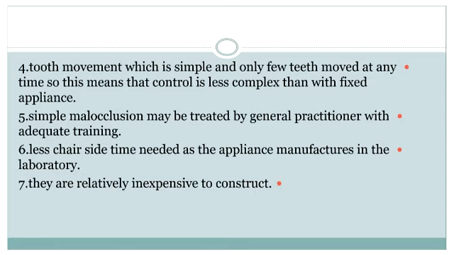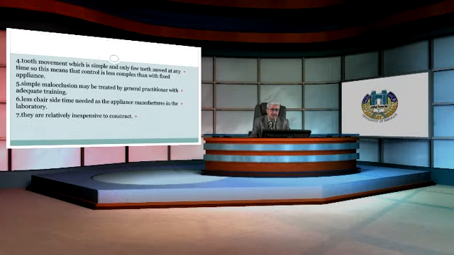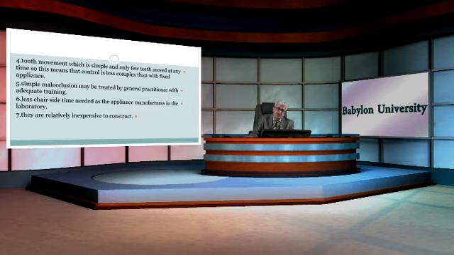Number 6, less chair time needed as the appliance is manufactured in the laboratory. We need laboratory effort for that. Therefore, the chair time during a treatment session is very short compared with fixed and other types of orthodontic appliance.